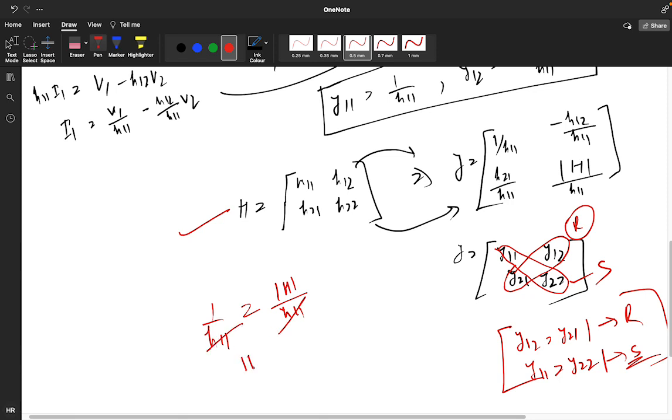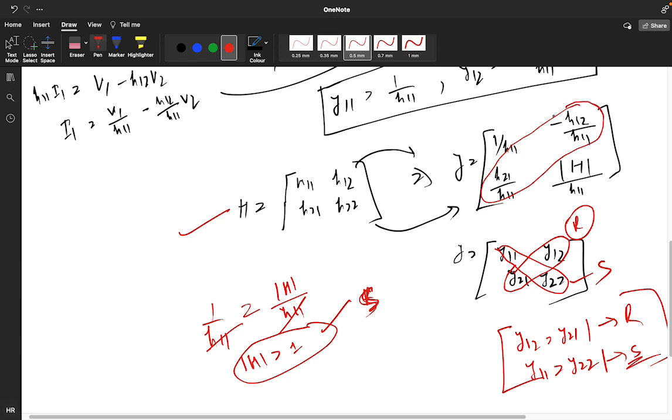So if determinant of h is equal to 1, that means it is symmetricity. For reciprocity, you have to check this.